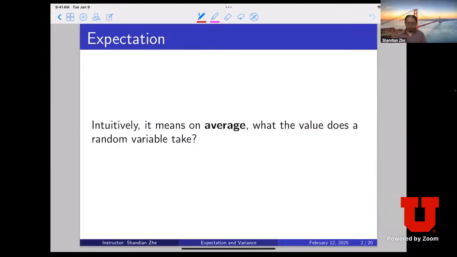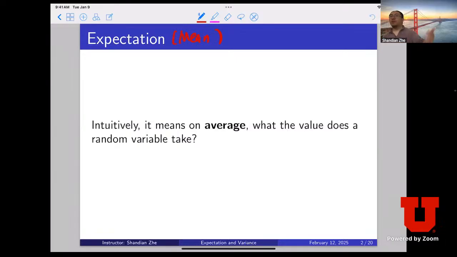Okay, so first, what is expectation? In some literature it is also called the mean. It's the same, they're interchangeable. Intuitively, expectation means on average, what value does a random variable take? We know that the random variable can take many different values, so we would like to say, on average, what value will the random variable take?